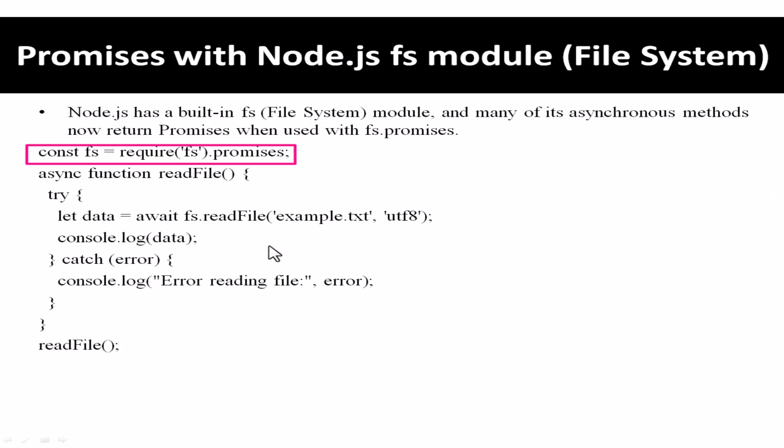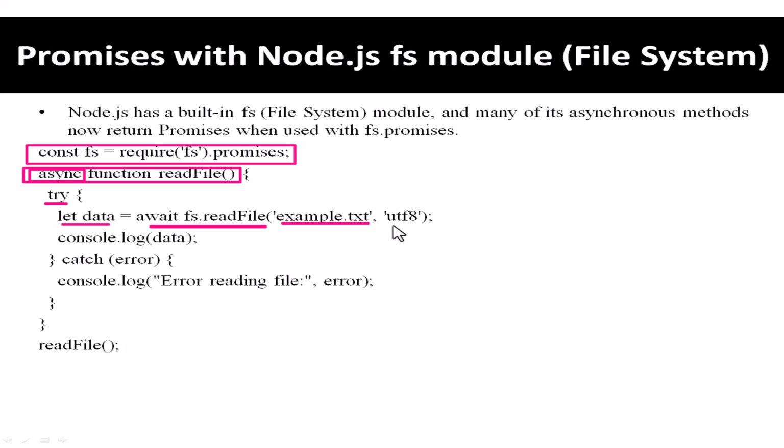Here we are using an async function readFile. If you notice, we use async before the function. We are using exception handling code, try. We keep the risky code inside the try block. Let data await the file read. The file which we are trying to read is example.txt.